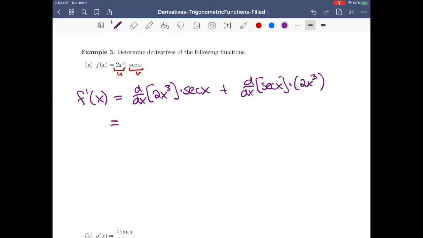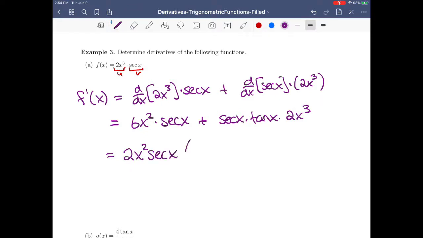The derivative of 2x cubed is 6x squared times secant x, plus the derivative of secant x is actually secant x tan x, and we're going to multiply that by 2x cubed. If you want to factor this a bit, we can take out a 2, an x squared, and a secant x. And I'm left with 3 plus x tan x.